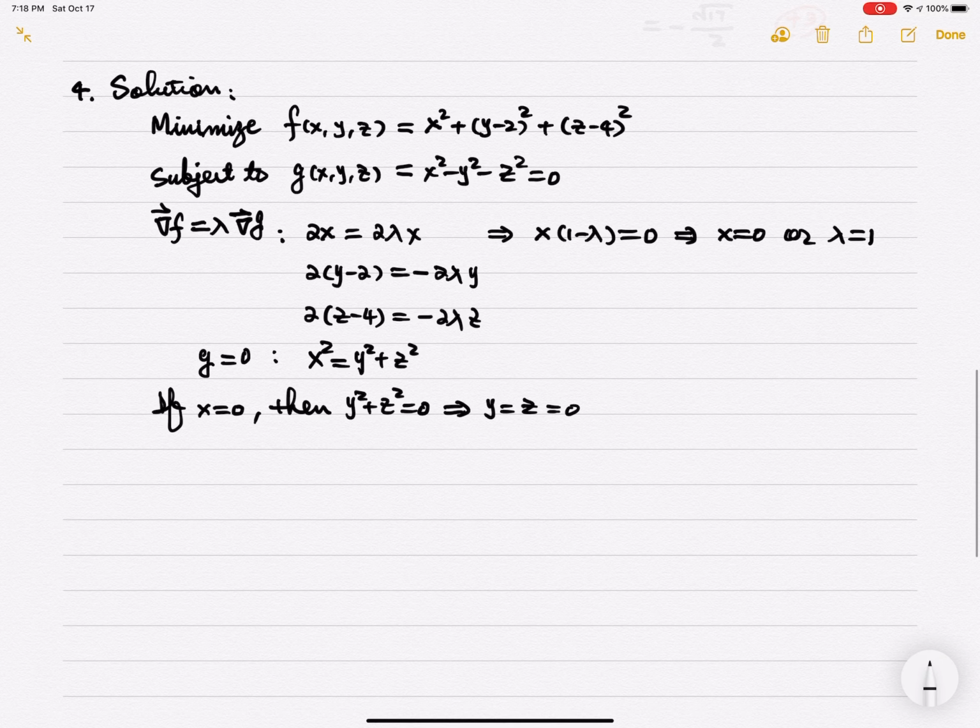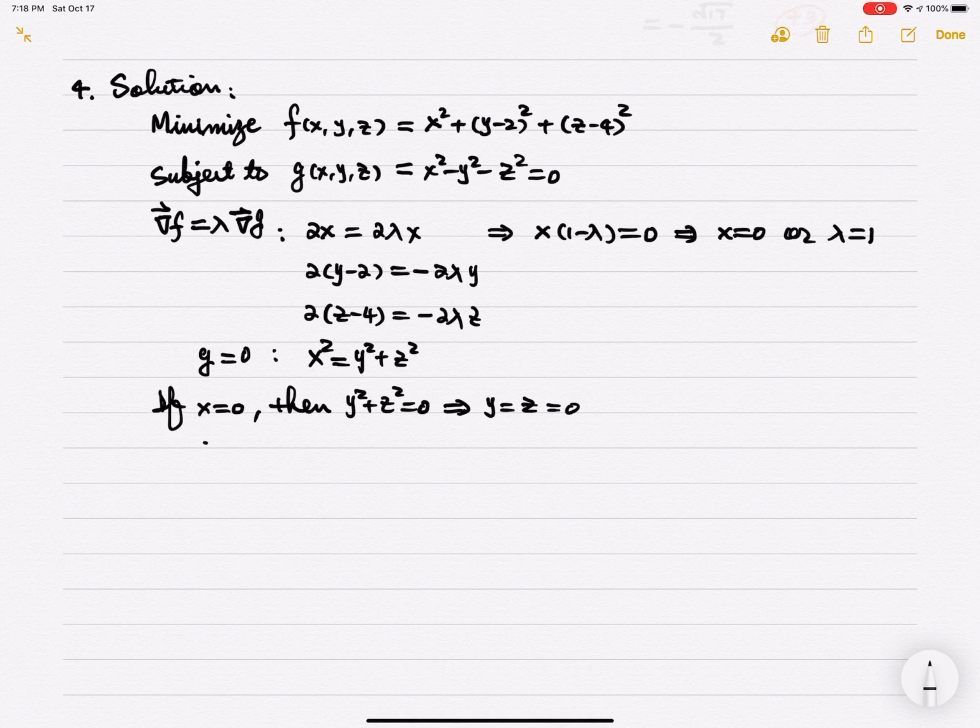Then we evaluate this function f at (0, 0, 0): 0 squared plus (0 minus 2) squared plus (0 minus 4) squared. 2 squared is 4, negative 4 squared is 16, so it's equal to 20. So that's one point, the function value. We found a point on the cone. That's the first case.